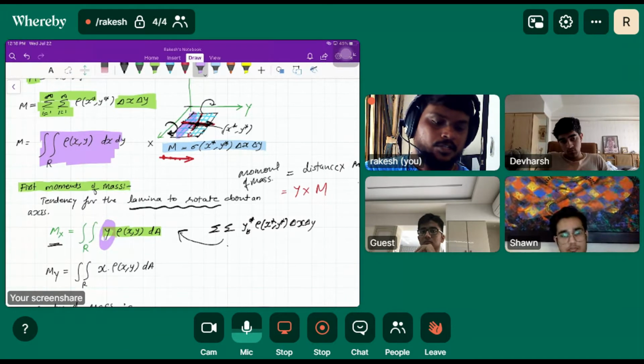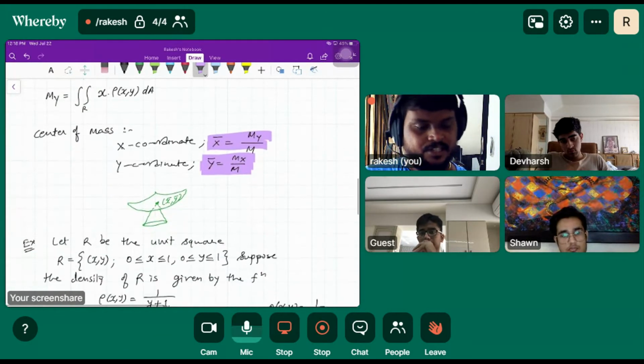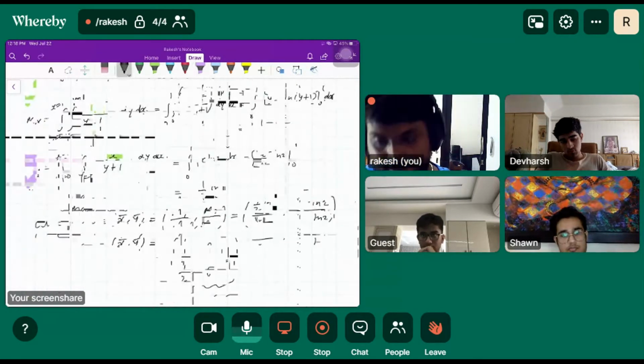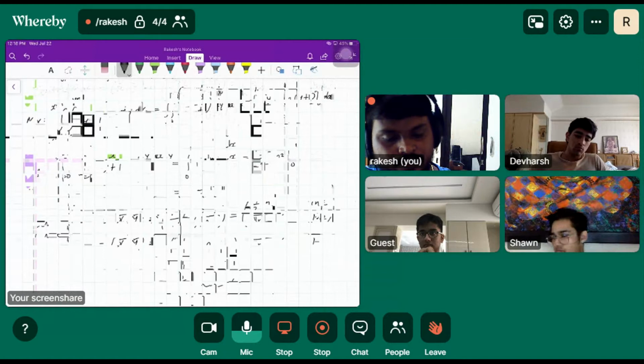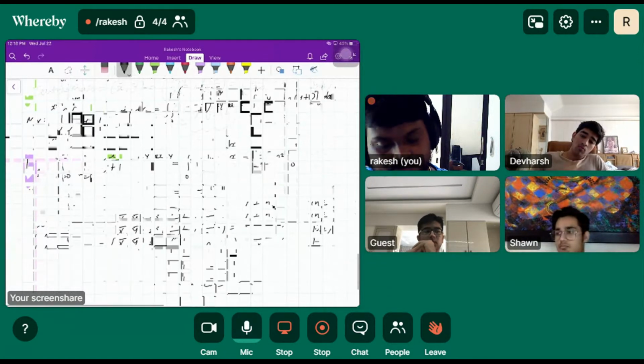So now let's complete the theory part of the moment of inertia, and then probably we'll do one problem on it. That is called the second moment of mass, called moment of inertia.